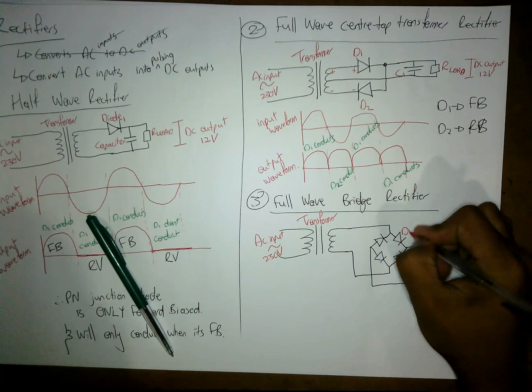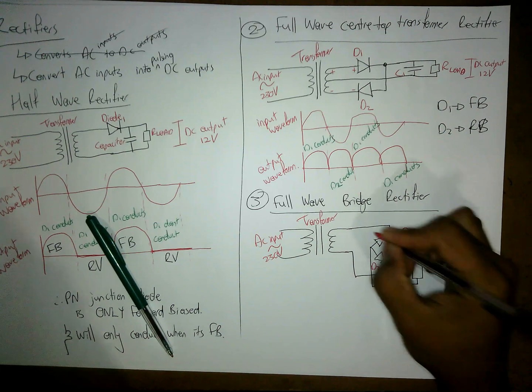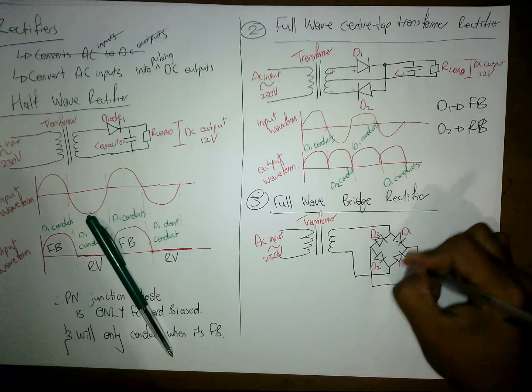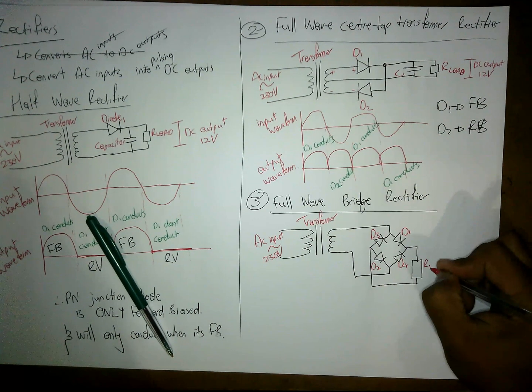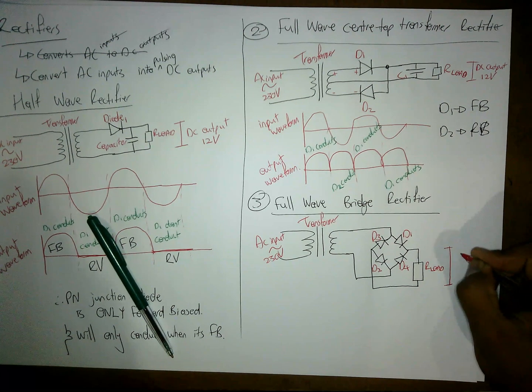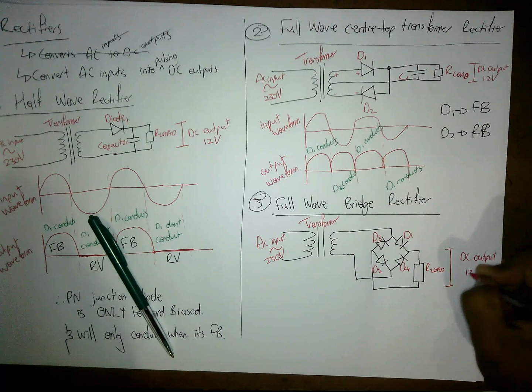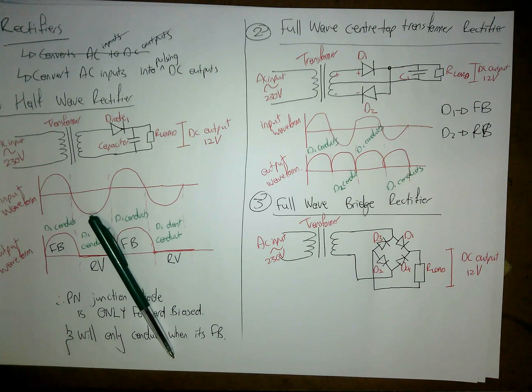This is our D1, D2, D3, and D4, and our R load. Across here is our DC output of 12 volts.